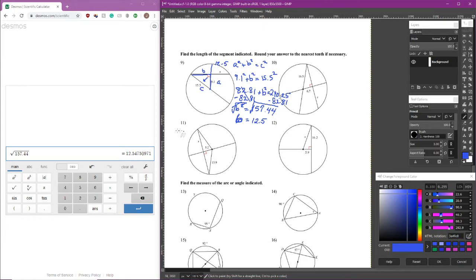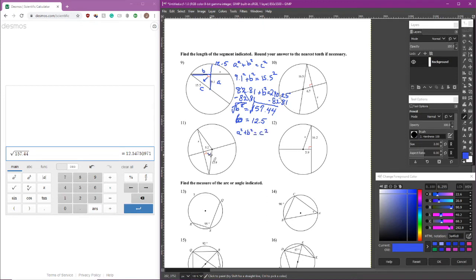Okay, let's try another one. 11. This one you'll also need to do the very same way. So let's just review that. First of all, a squared plus b squared equals c squared. Good old Pythagorean theorem.